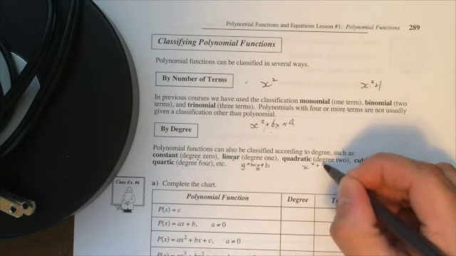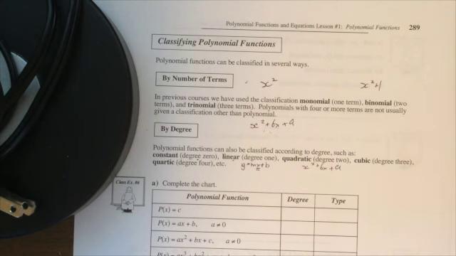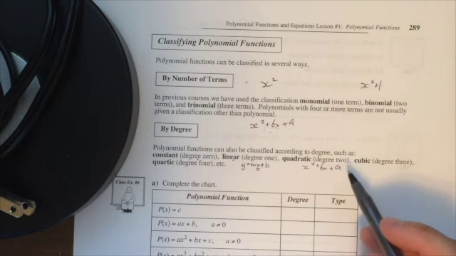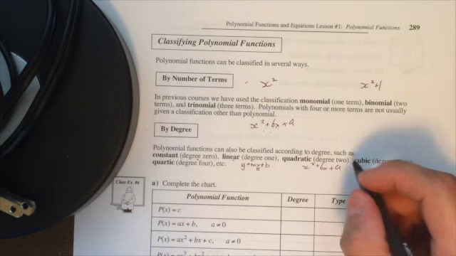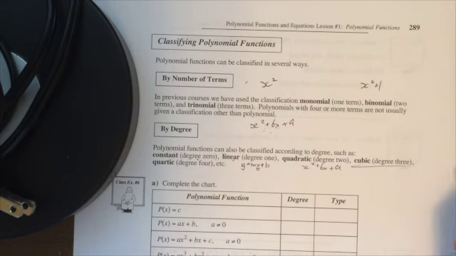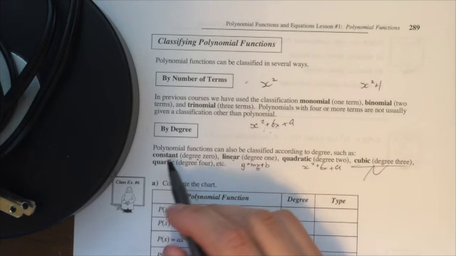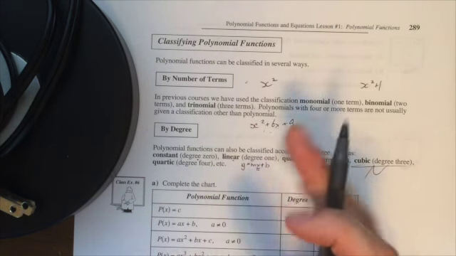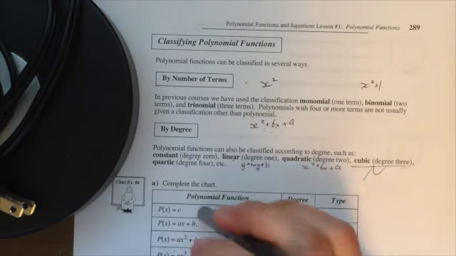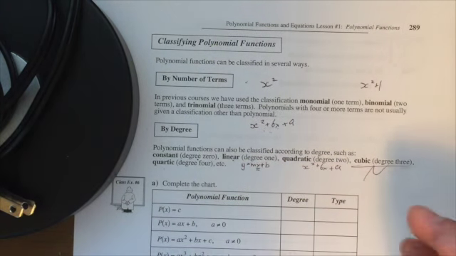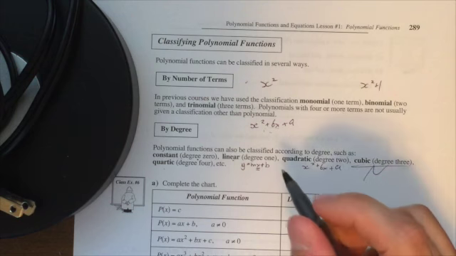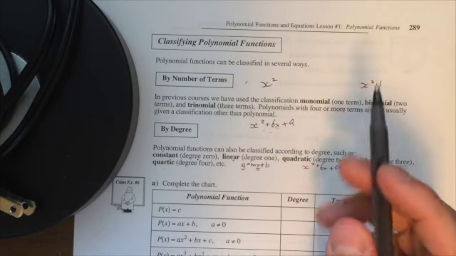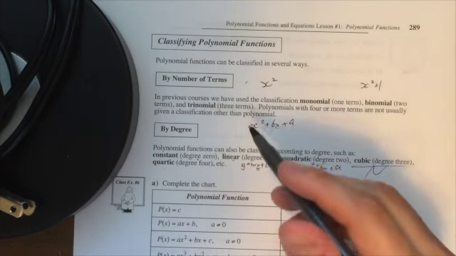If you type this into your calculator, you should get a nice parabola. Cubic terms, degree 3, would be something like that, and then a quartic term would have a degree of 4, and then it goes up to quintic, and anything higher than 5 still has a name.